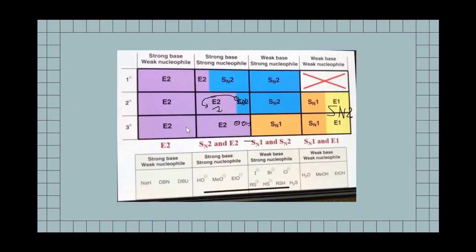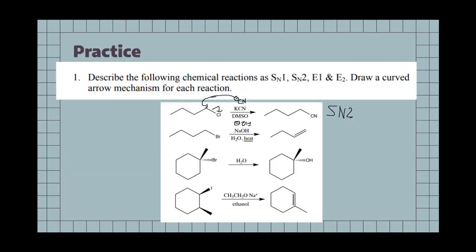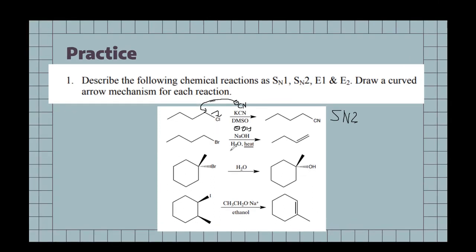Yeah, so even though primary prefers SN2, because it has heat, it's probably going to prefer elimination, right? And although this was not mentioned, in a competition between SN2 or E2, it would tend to prefer elimination if there is heat.